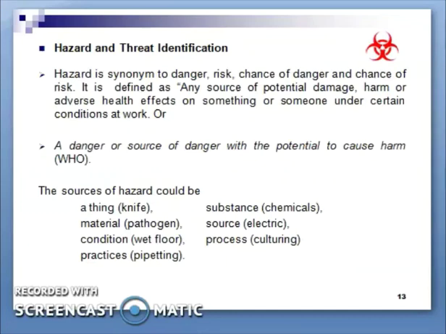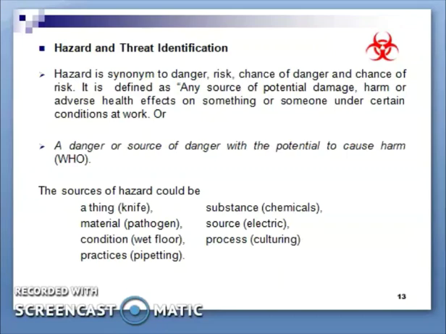Hazard is a synonym for danger, risk, chance of danger and chance of risk. It is defined as any source of potential damage, harm or adverse health effects on something or someone under certain conditions at work. Or, according to the World Health Organization, hazard is a danger or source of danger with the potential to cause harm.